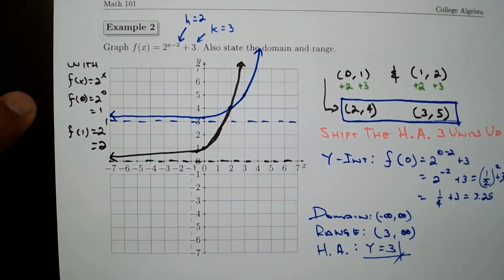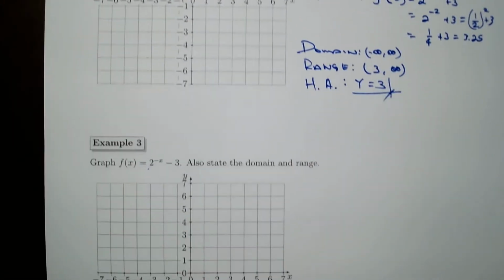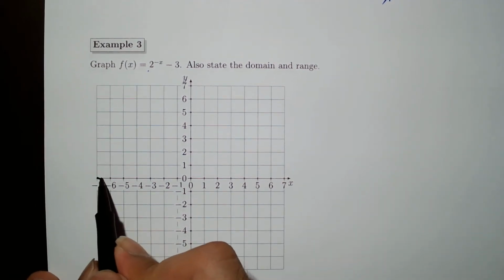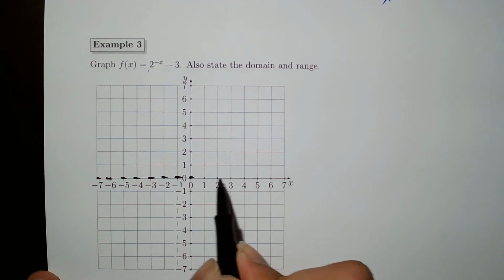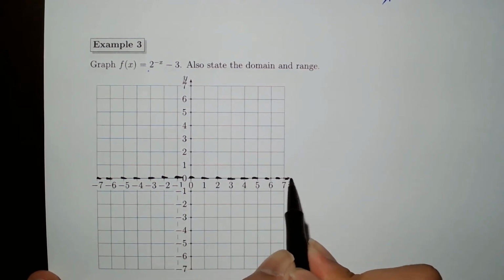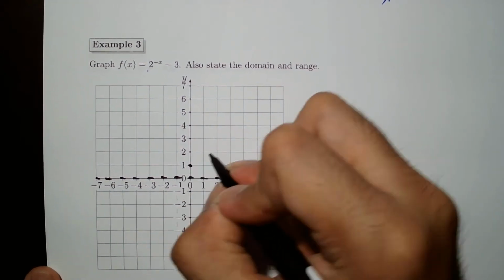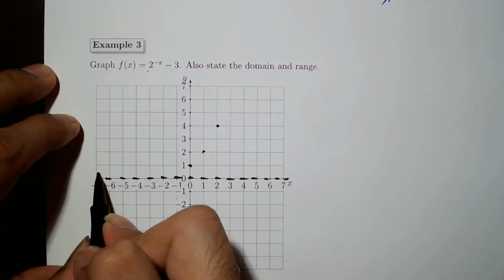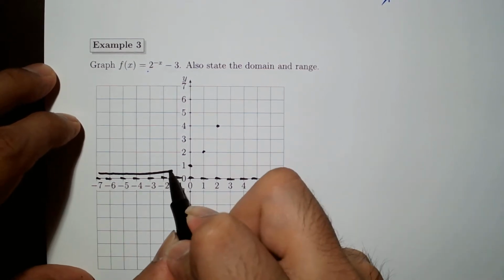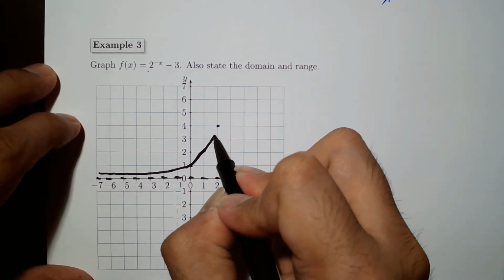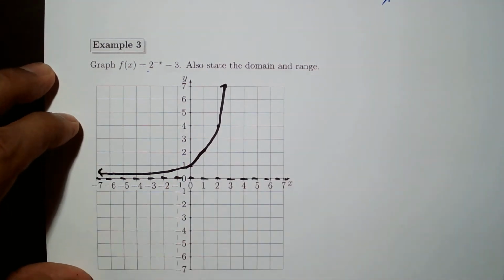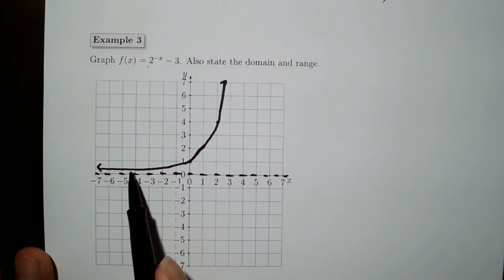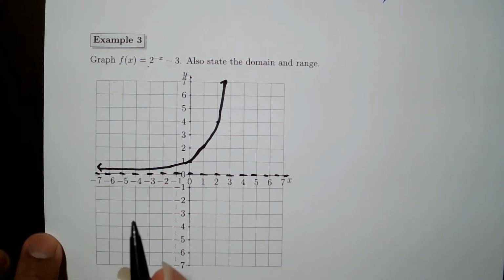So we're essentially graphing 2 to the x, just like the previous example, in which we have a horizontal asymptote and 0, 1, 1, 2, 2, 4, and then all we do is draw a curve connecting these points and make it look exponential. Be sure not to touch the x-axis, only make it look like it's getting close asymptotically.